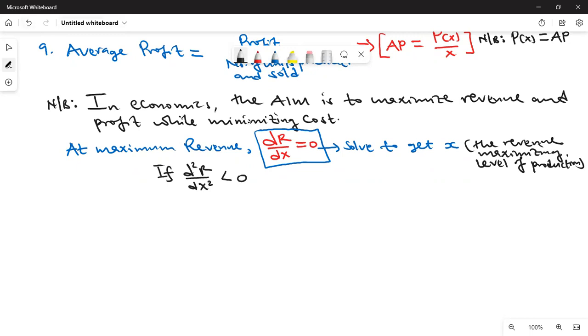So that will mean that the value of x that you have found will give you the maximum revenue. That is what will lead you to that. So you must test, don't assume.